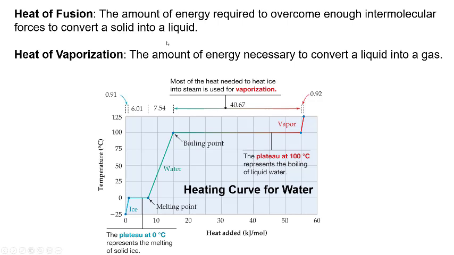And the second one here is the heat of vaporization, which is the amount of energy necessary to convert a liquid into gas. And so we can see here the amount of energy that it takes to melt is much smaller than the amount of energy that it takes to boil. And this makes a lot of sense if we think about the intermolecular forces that hold together solids and liquids versus gas. So to go from a solid to a liquid, you just need to weaken the intermolecular forces that are holding a material together.